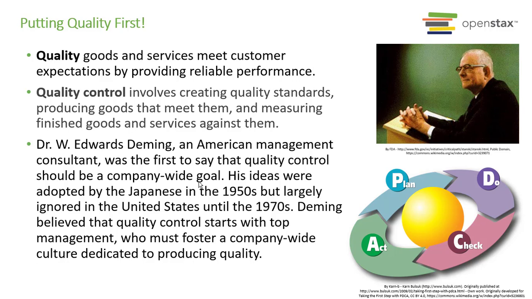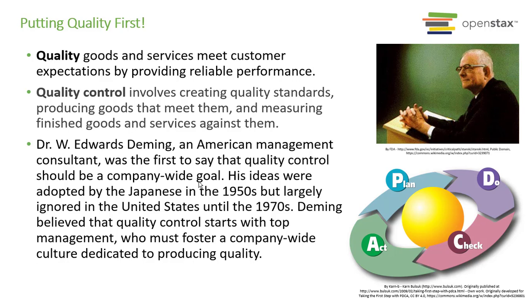So his ideas were largely adopted by the Japanese in the 50s, but largely ignored in the US until the 70s. In fact, in the 80s is when he became like a god in the United States, because all of a sudden we realized that Japan was making more cars than we were, and the quality was astounding.